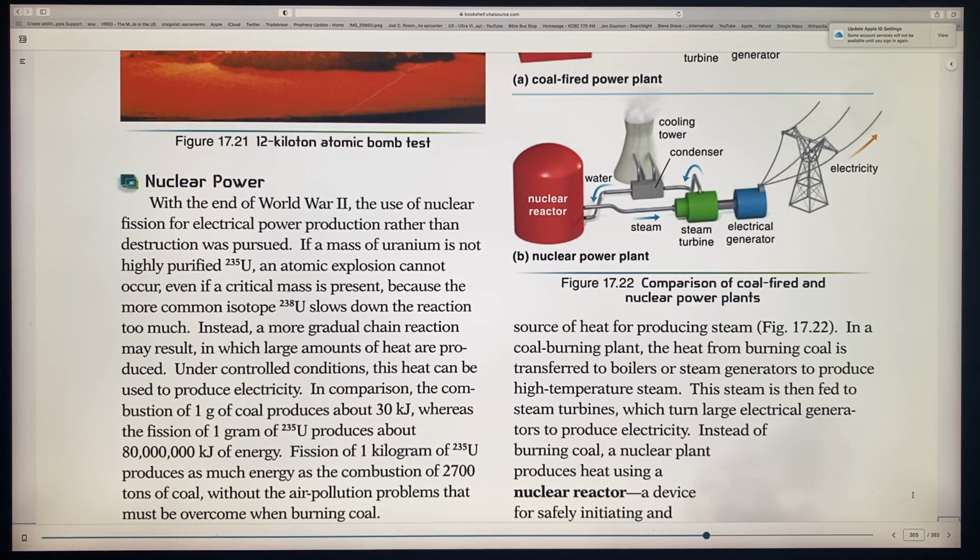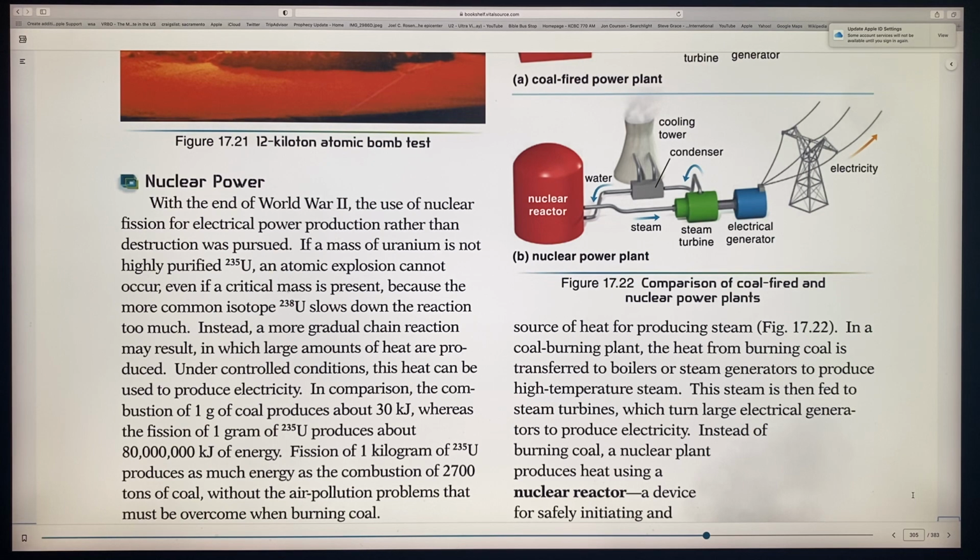Like, we could use this to produce electrical energy, right? Instead of using coal, which the world depends on for heat and electricity, and hydroelectric power and such, maybe we could focus on nuclear power. And so this was pursued.